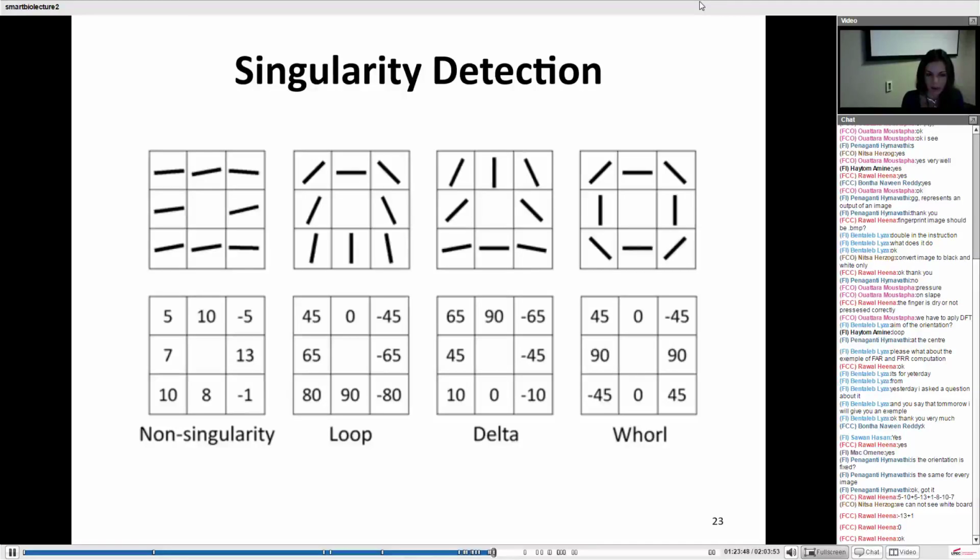So we will here, slide 23, and this is also in the book, so you can also read chapter 2 of the book. So in this example, in this point, we don't have any singularity based on how the orientation are in this neighborhood, right?